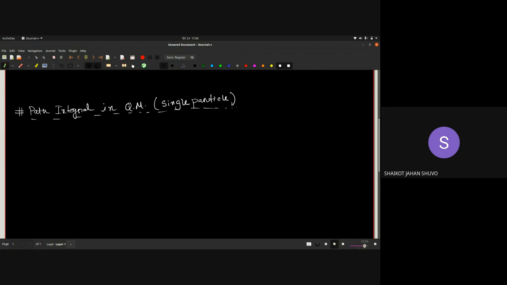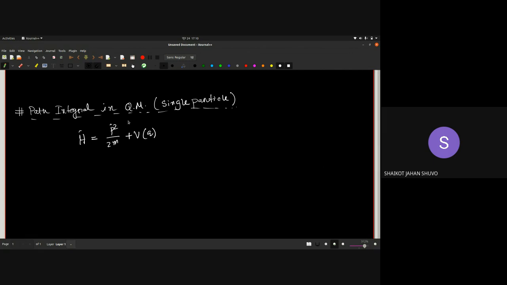So if you know some quantum mechanics, you know that the punchline of quantum mechanics is, oh, you have a particle, then you should be able to define some Hamiltonian for it, right? So for a single particle, the Hamiltonian would look something like this. Some P of Q. Again, this H, P, V, they are operators.